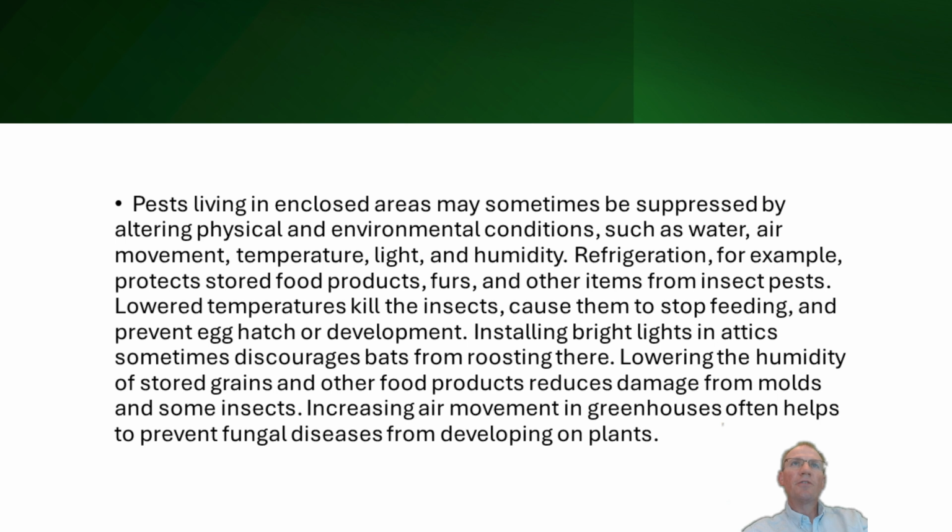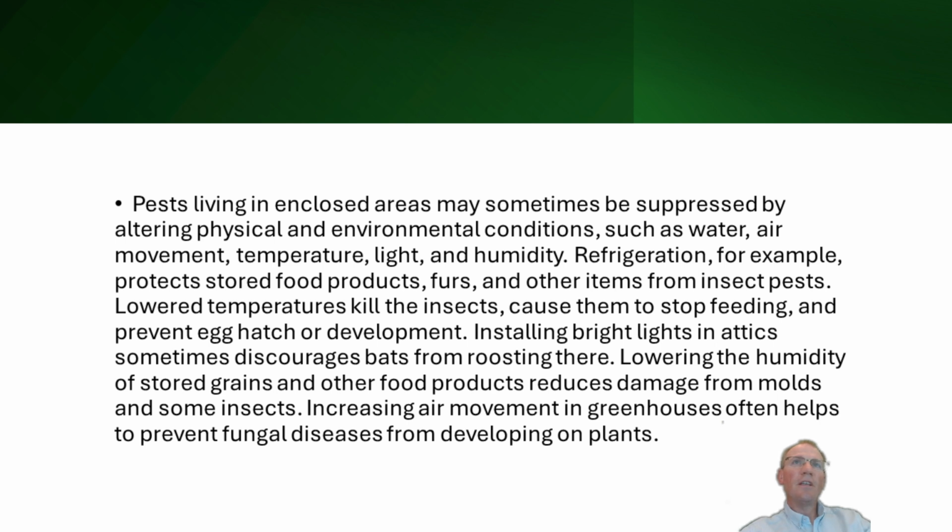When we talk about altering physical and environmental conditions, it's very important to look at what that means. Like it says here with refrigeration, we're keeping lower temperatures. We're keeping our foods and things in there where insects don't feed, where they can't lay their eggs, where they can't develop. So this basically is suppressing the insects.